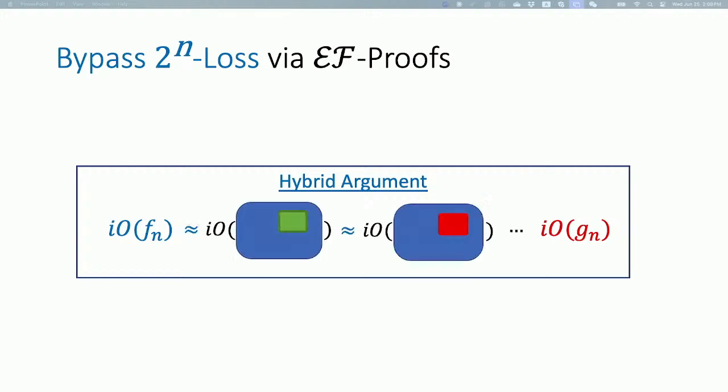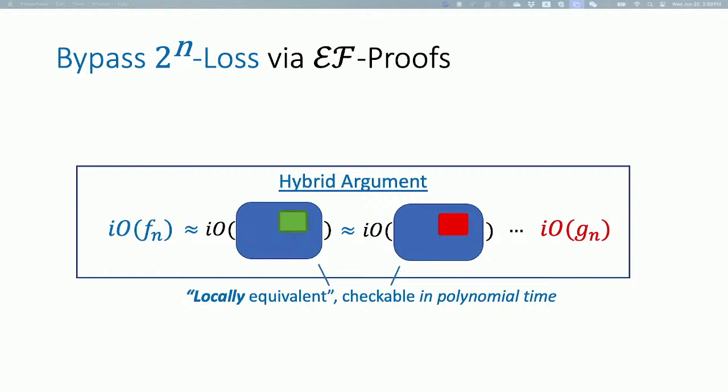We are going to build a series of hybrids where each hybrid is an obfuscation of some intermediate circuit. Any two adjacent intermediate circuits are locally equivalent. We are going to define what locally equivalent means very soon, but the high-level idea is that these two circuits are almost the same, except for a very small size functionality equivalent circuit.